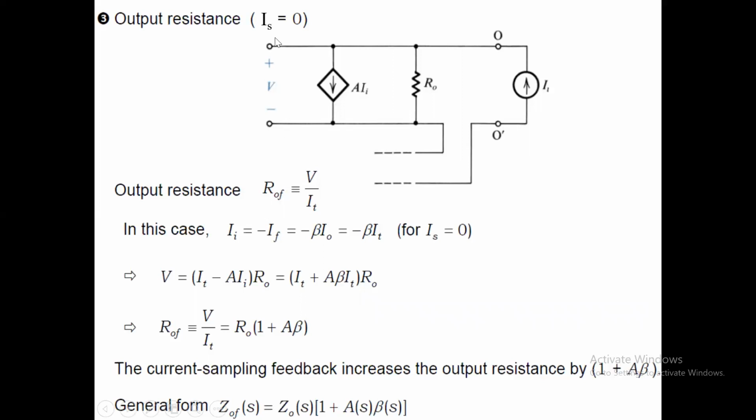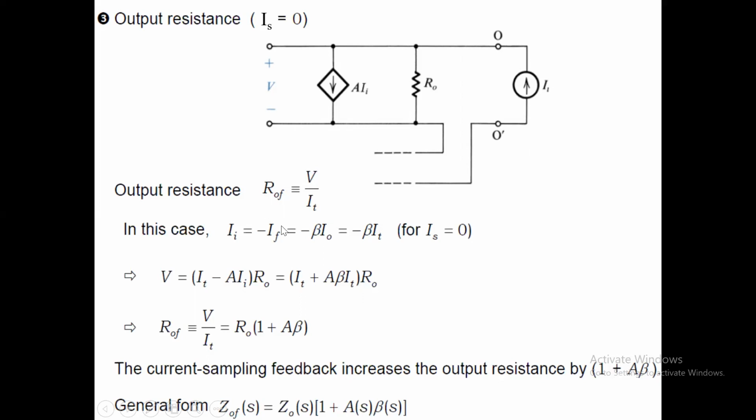Then the output resistance is to be measured. For that, on the output side we put a test current source and make the input source current equal to 0. At that time we have this type of equivalent circuit where ROF can be considered as V by IT, where V is the voltage across this network.